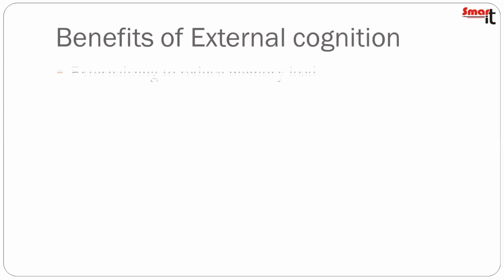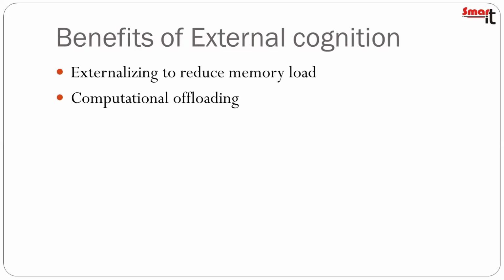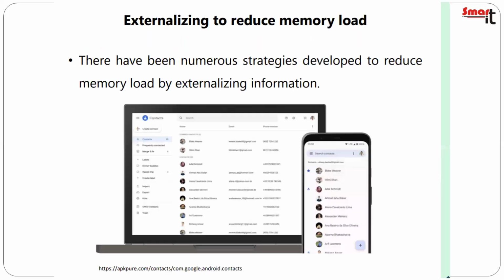Those things come under external cognition. If we take the benefits of external cognition, it will reduce our memory load because some part we can hand over to external things like virtual reality. Computation offloading is also one of the benefits, and annotating and cognitive tracing. These are some of the benefits we have listed.